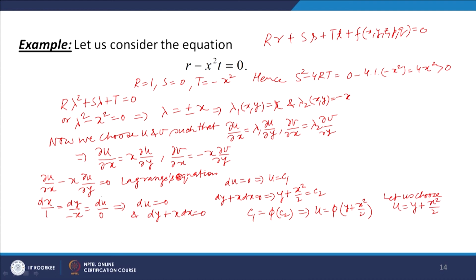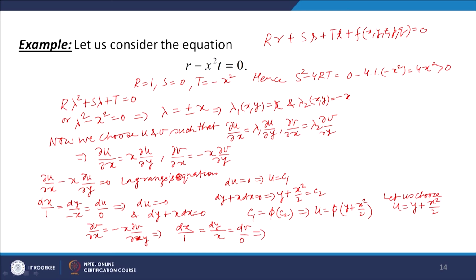And similarly, for the other equation, the Lagrange auxiliary equations are dx by 1 equal to dy over x equal to dv over 0.